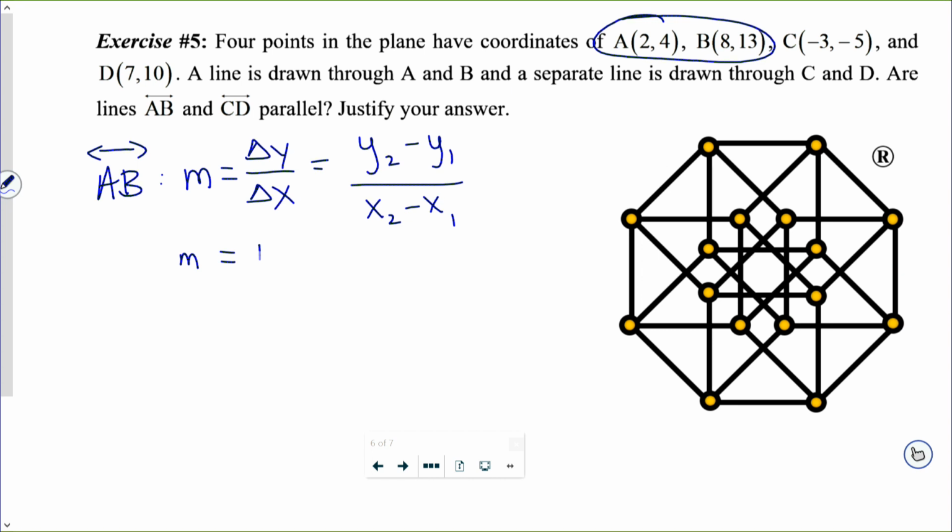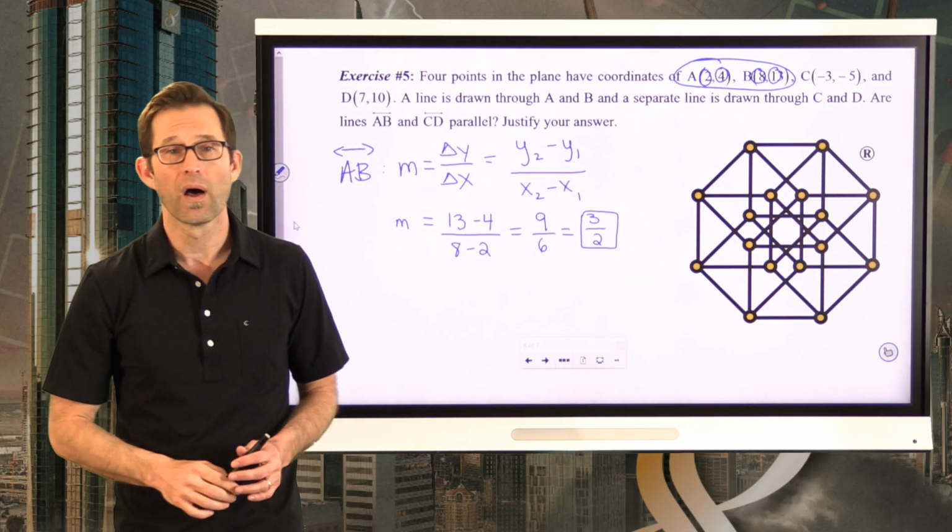So I'm going to do 13 minus 4 in the numerator. That's y2 minus y1. And then in the denominator, I'll have 8 minus 2, and that's x2 minus x1. That will give me 9 in the numerator and 6 in the denominator, which I can then simplify to a slope of 3/2. All right, so that's my slope for line AB.